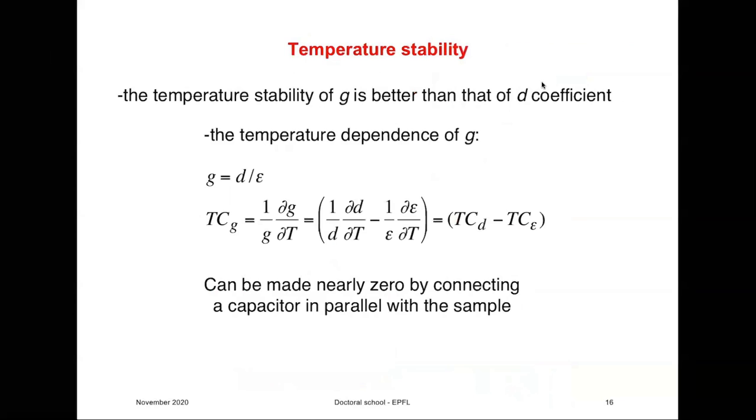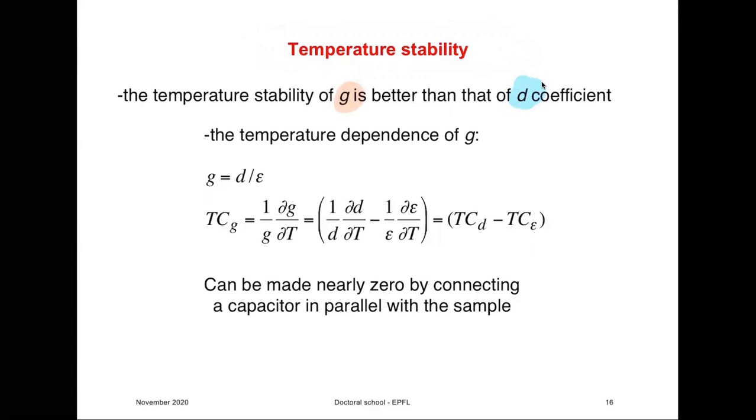The second important consideration is the temperature stability of the response. Actually, it's the temperature stability of the piezoelectric coefficient. And here it turns out that the G coefficient is better than the D coefficient. Why?